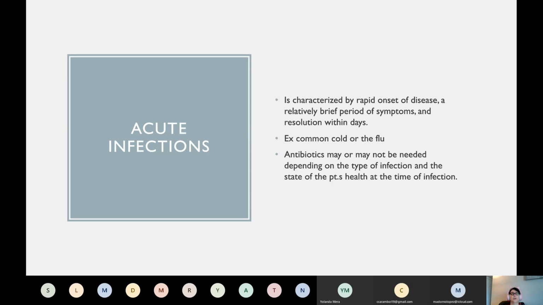And acute infections, depending on whether they're bacterial or viral, will determine whether they need antibiotics or not. Because do we treat viral infections with antibiotics? No, we do not. They're not effective. But we can treat a bacterial infection with antibiotics.